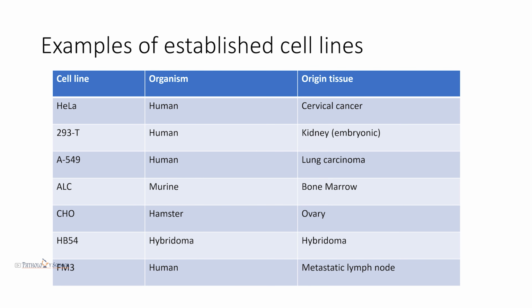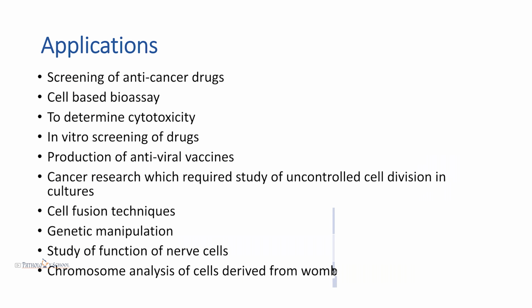Now, examples of established cell lines. These are already in use and include HeLa, which was cervical cancer, then 293T, which is again from humans, and so on. Now, uses of tissue culture, cell culture, and organ culture. Mainly in screening of anti-cancer drugs: the effect of an anti-cancer drug in vivo can be studied in vitro, and the good effects and the ill effects both can be studied.